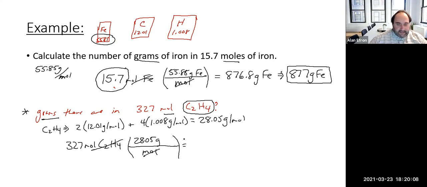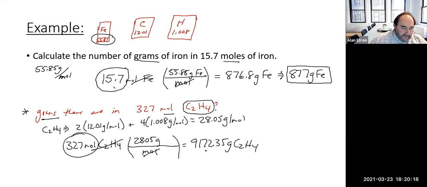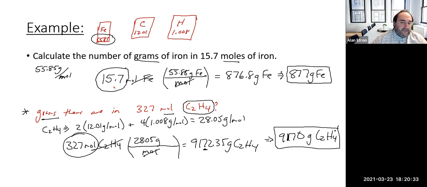That gets us 9172.35 grams of C2H4. Same thing on the sig figs, going back to that number, that ends up being 9170, no decimal point, grams of C2H4. Any questions on that calculation there?